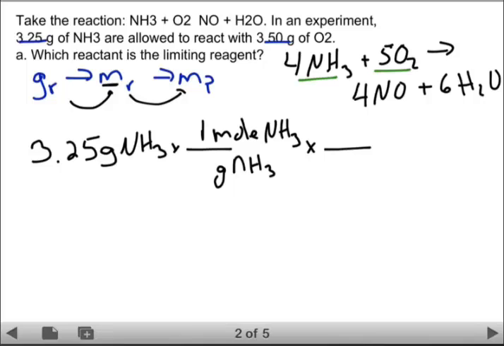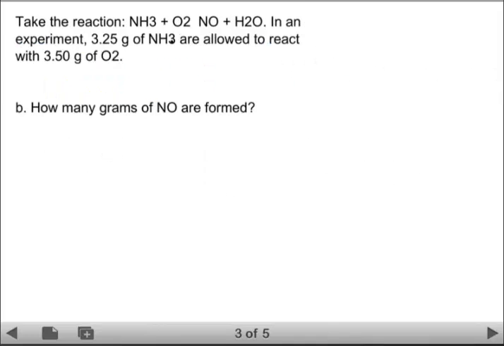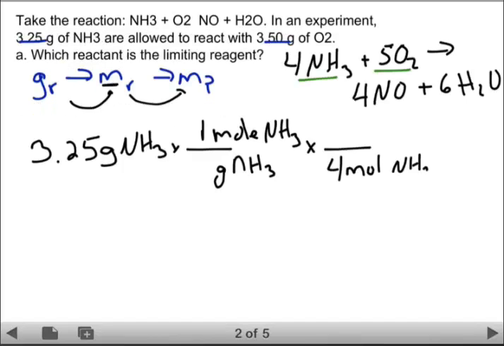So now I want moles. I'm in moles of NH3. So I'm going to say from my equation that every 4 moles of NH3 gives me whatever product we want to work with. I'm going to work with the NO. Gives me 4 moles of NO. Okay.